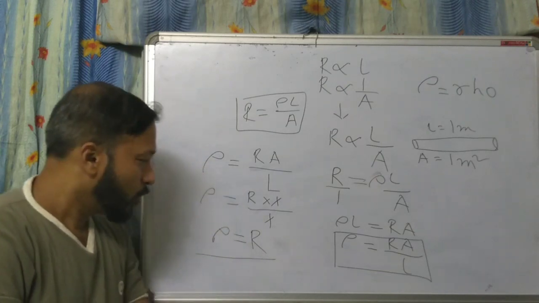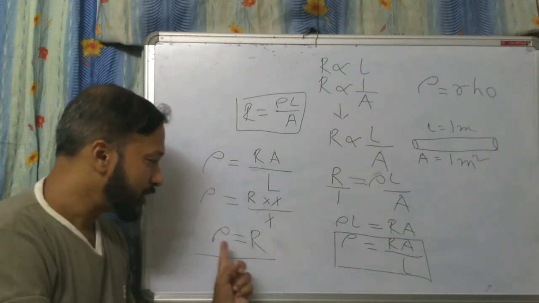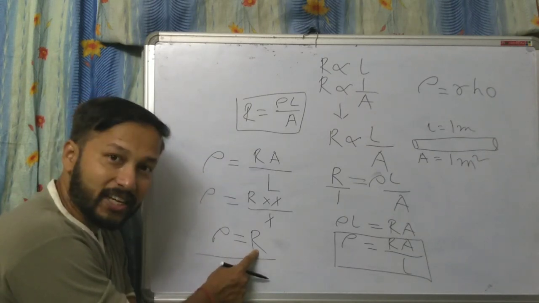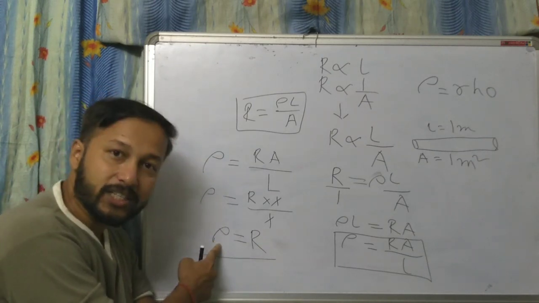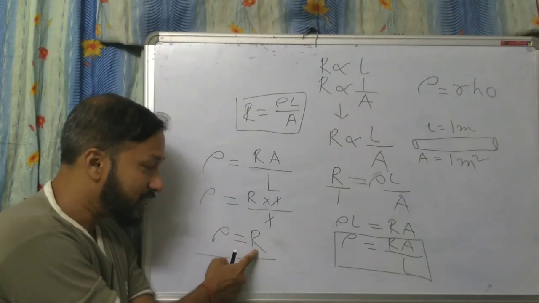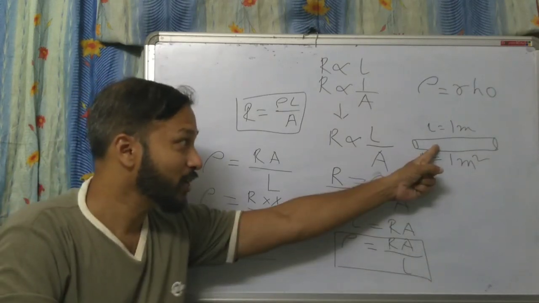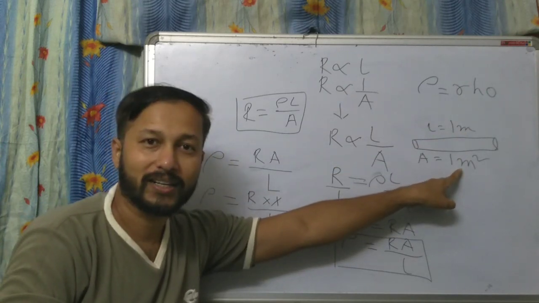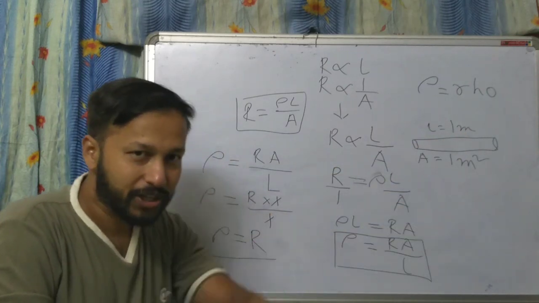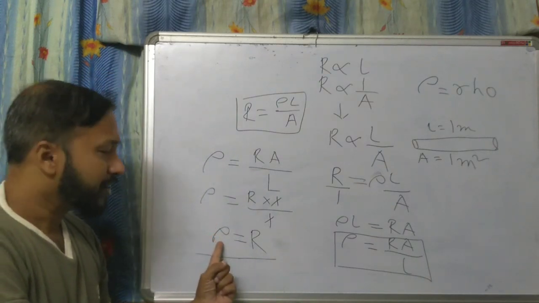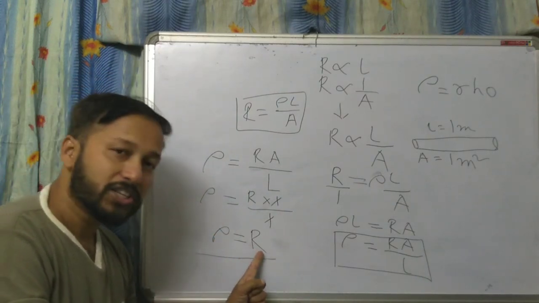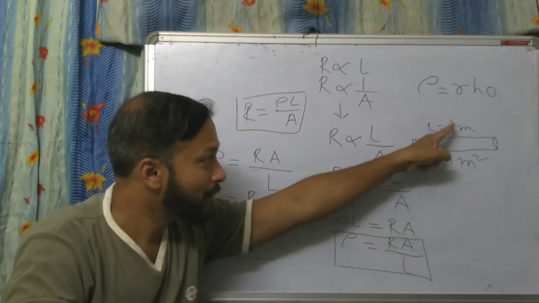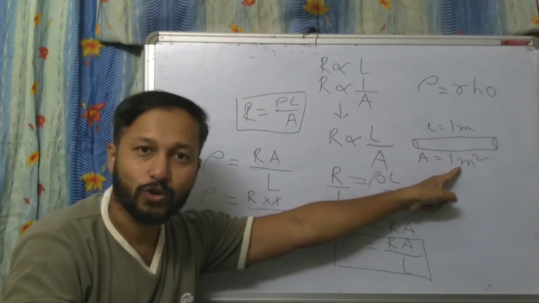So from this equation, we will see what is the definition of specific resistance. See how. We'll write in this way. Specific resistance is the resistance of a wire whose length is 1 meter and area is 1 meter square. Understood? I repeat. Specific resistance is the resistance of a wire whose length is 1 meter, area is 1 meter square.